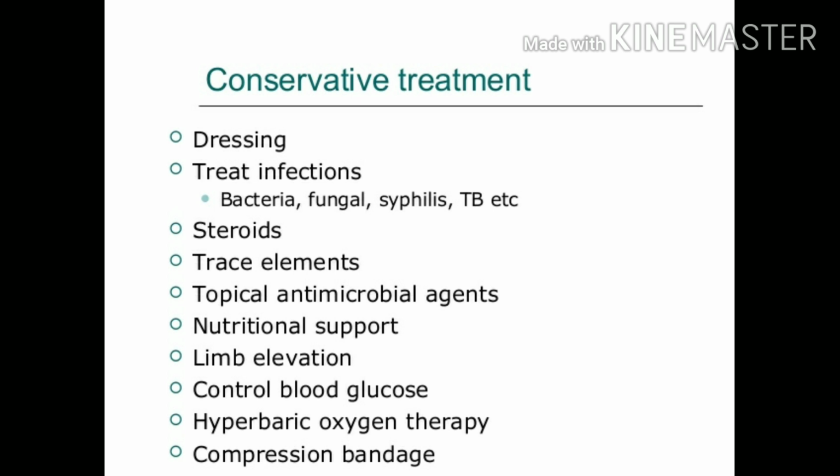Conservative treatment will include dressings, treating the infections which can be bacterial, fungal, syphilitic or tubercular, steroids, trace elements, application of topical antimicrobial agents, nutritional support, limb elevation, controlling of blood sugar, hyperbaric oxygen therapy, and compression bandage.